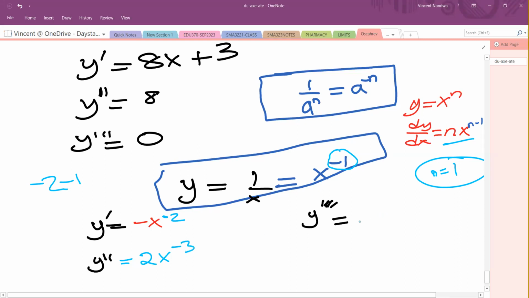So tell me now, what will be the value of the third derivative? -6 x power -4, not -2. Remember, n is -3, so -3 minus 1. Okay?